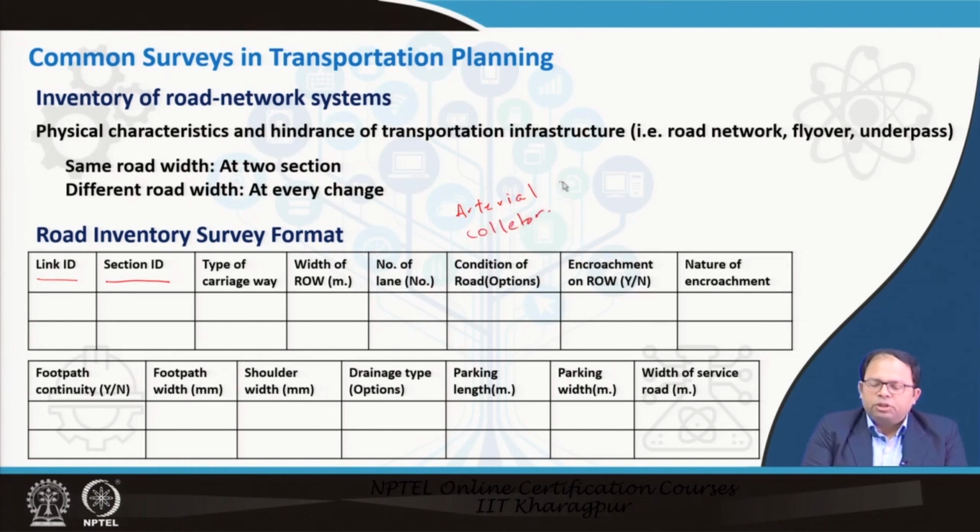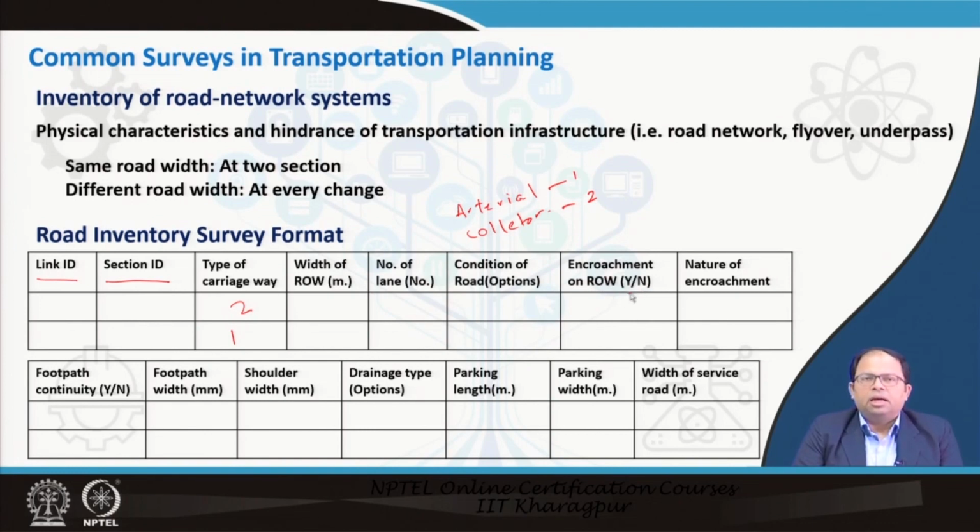These options could be given as numbers 1 or 2 along with the survey, and the surveyor can just put a 2 or 1 as per the requirement. Then width of road is in meters, number of lanes is a number, and condition of road could be options again, for example a lot of potholes, a moderate number of potholes and so on, so we can give different options.